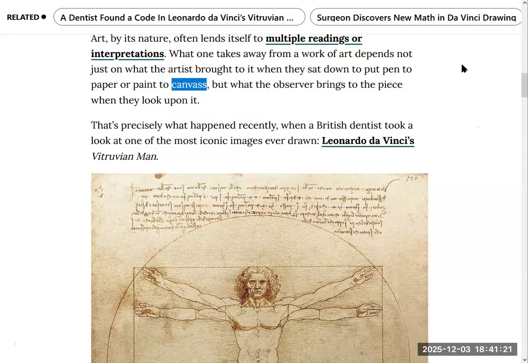When it says canvas, what does that mean? Canvas is a place where we put paper or something to draw pictures.